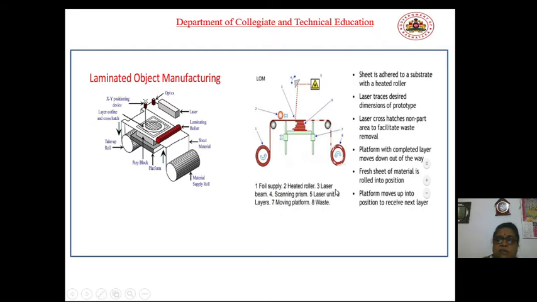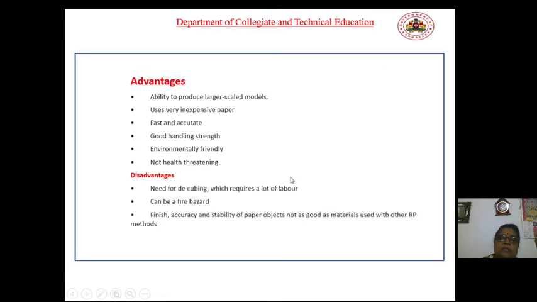These are the various parts, and these are the various steps that I have explained so far. These are the steps involved in laminated object manufacturing, and these are certain merits and demerits of it.